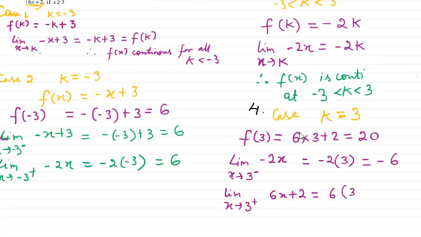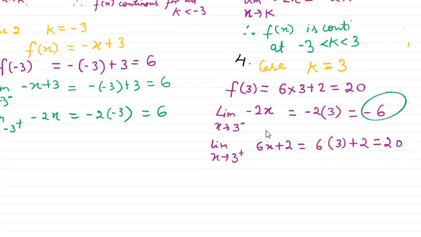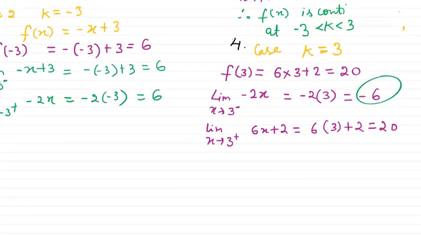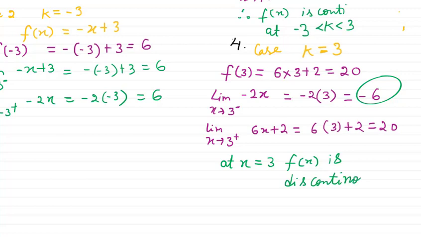So let's find that out. We get 6 into 3 plus 2. So here again we're getting 20, but this one is not equal. So here we got a point of discontinuity. So here we will say that at x equals 3, f(x) is discontinuous.